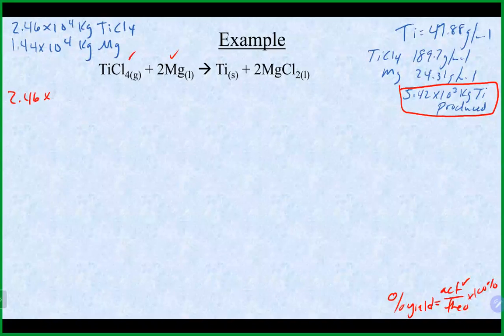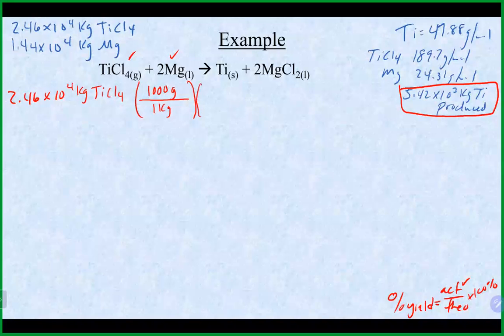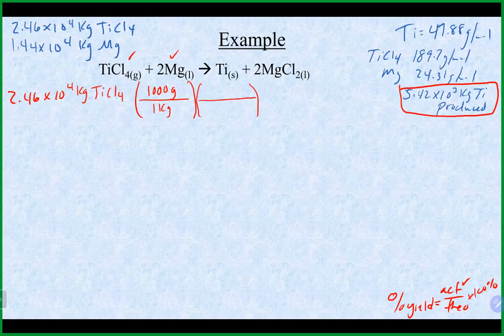So 2.46 times 10 to the 4 kilograms of TiCl4. There is, once again, in a kilogram, 1,000 grams. Now that I have it in grams, I can use the molar mass from the periodic table, which in this case is 189.7 grams per mole.